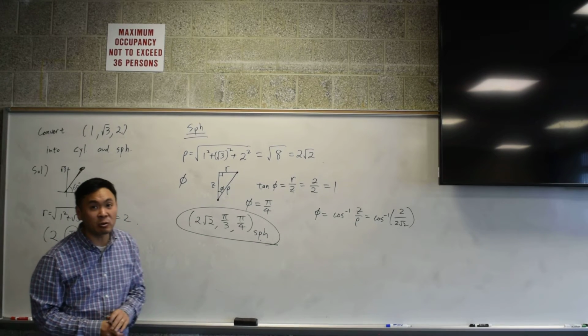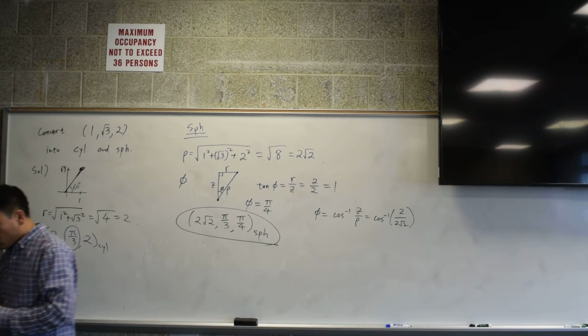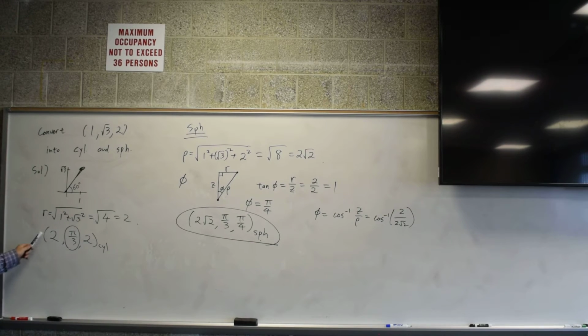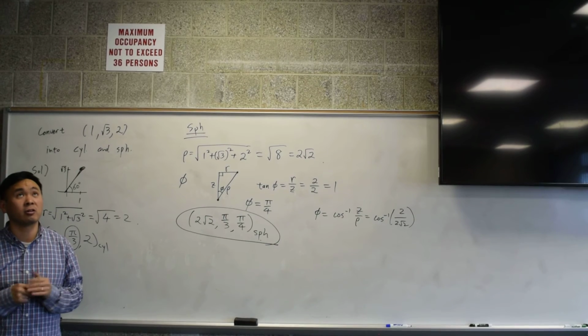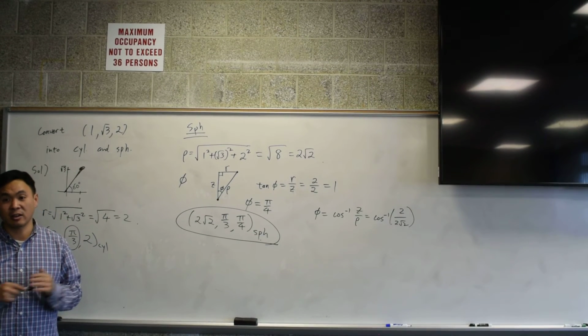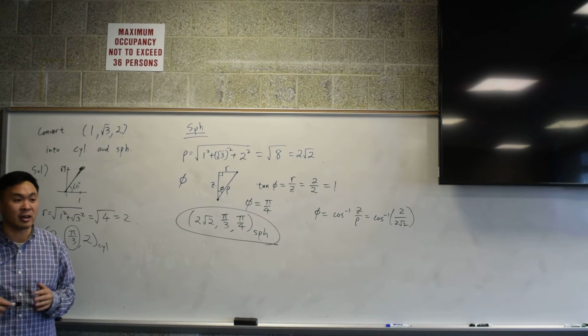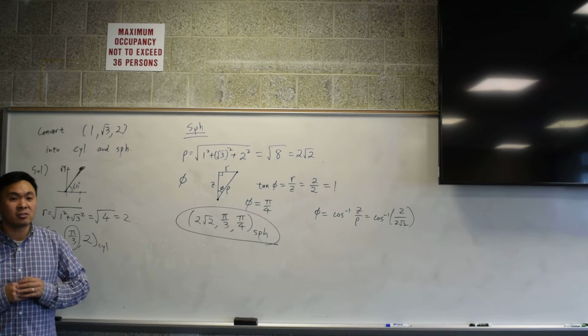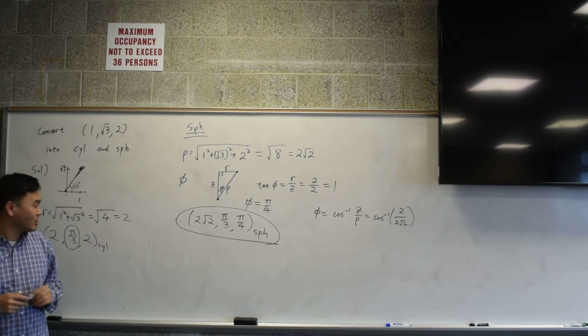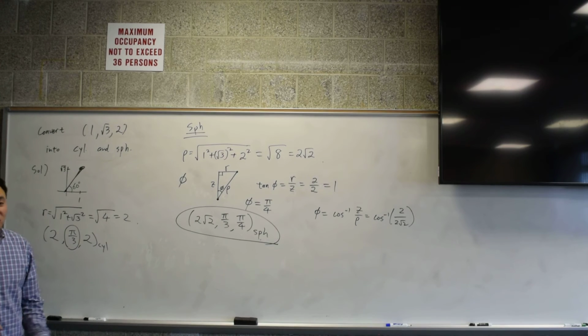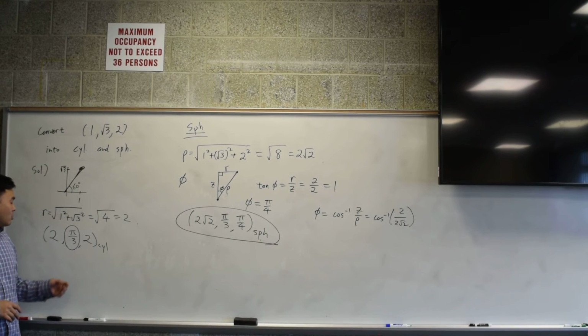Now, a final remark. You will be using spherical coordinates a lot when you do this in your electromagnetics class. Some of you have to take that. And it turns out that for engineers, they somehow have a strange convention of calling what we call theta as phi and calling phi as theta.